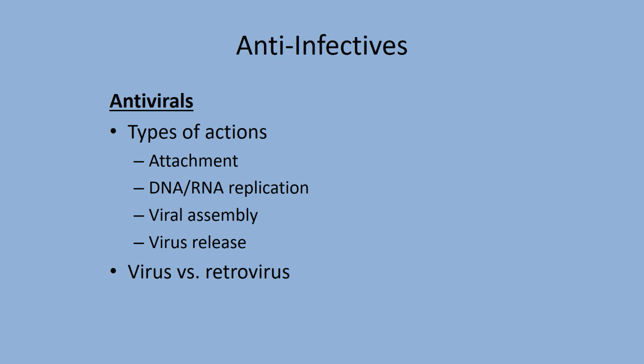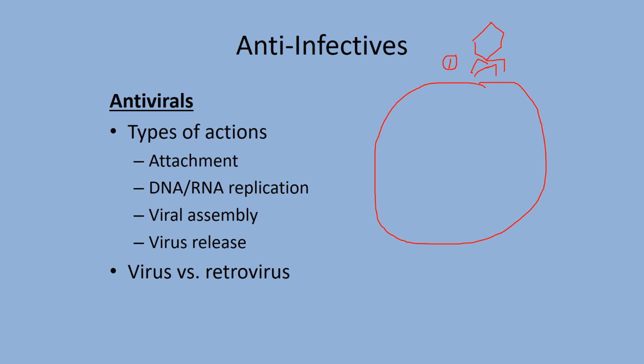So to treat or to prevent the spread of viruses, you're going to block one of those actions. If you have a virus, it's going to need to identify this host cell. So that's number one. If you're able to block attachment and prevent the virus from detecting its host cell, then you'll never get infected.